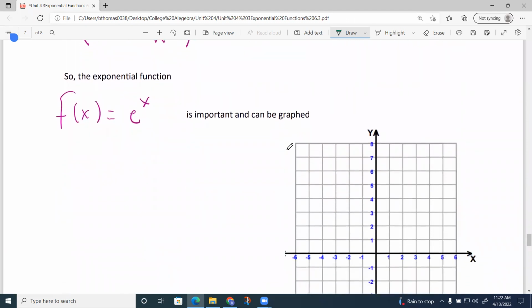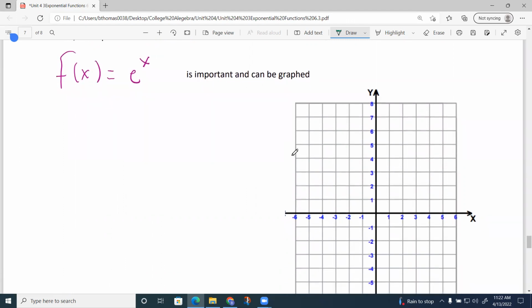So if I want to graph this function here, remember e, for my purposes, is approximately 2.7. We don't need all that when I'm graphing it, just a general estimation. So when I make my little table, this is going to be my parent function.